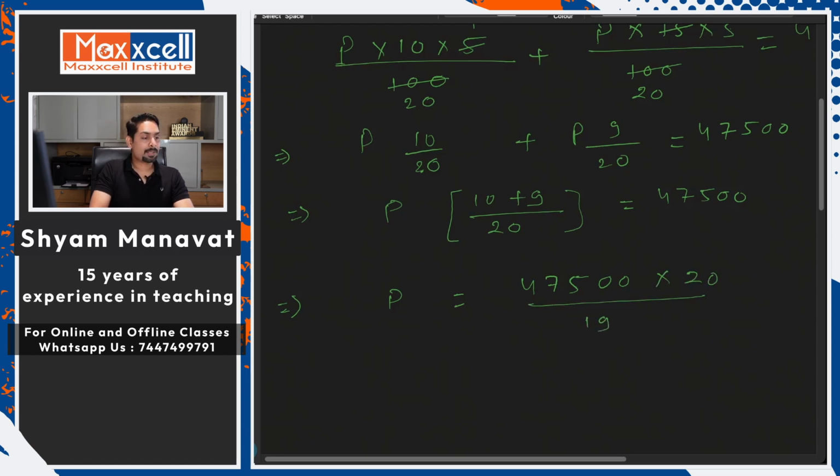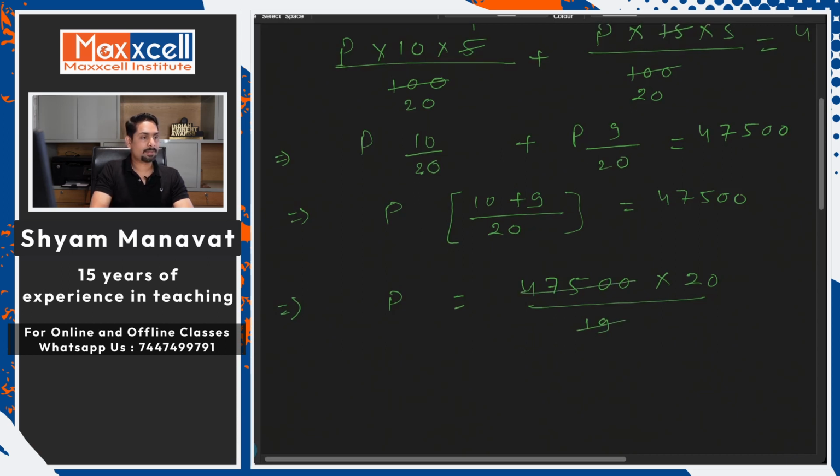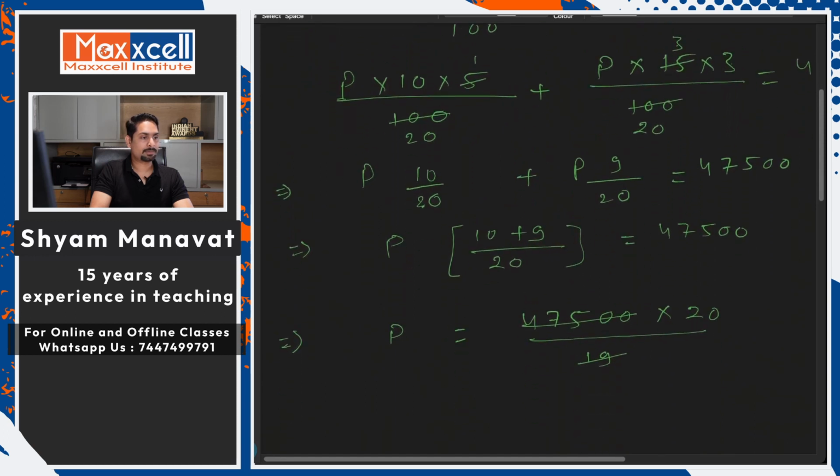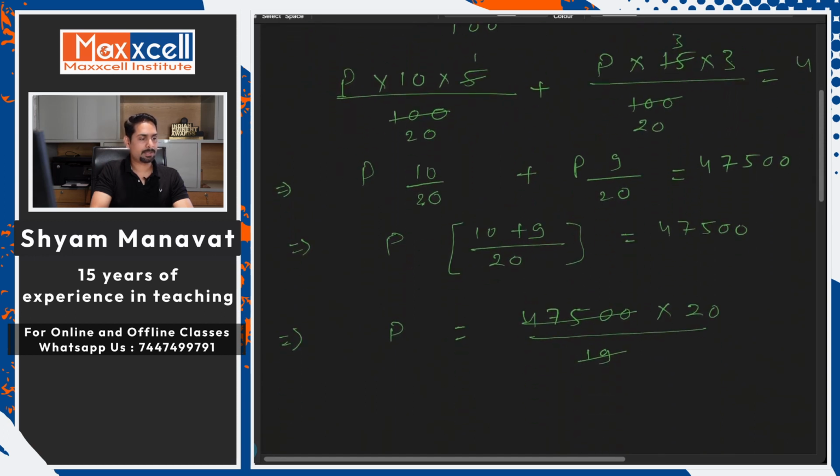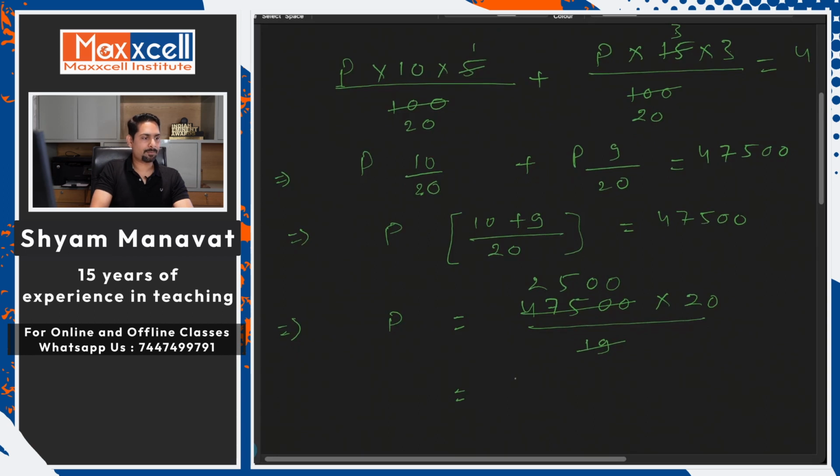Let's see. 19 2s are 38, I get 9, 5s are... so here I'll get 5, with 2 zeros as it is. Now 25 2s are 50, with 3 zeros. So the answer is 50,000. The principal is 50,000.